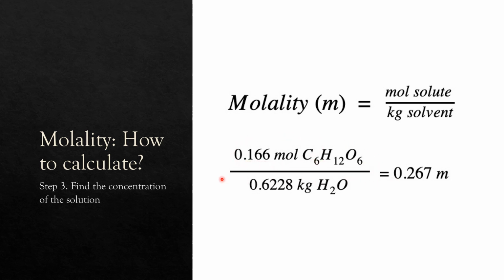We're going to divide that by the mass of our solvent, which is 0.6228 kilograms of water. And we derive this number here. The concentration of the sugar solution is 0.267 m. So this is the molality of our sugar solution.